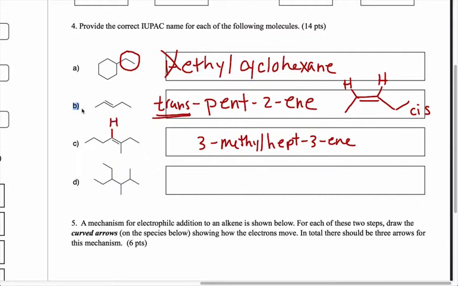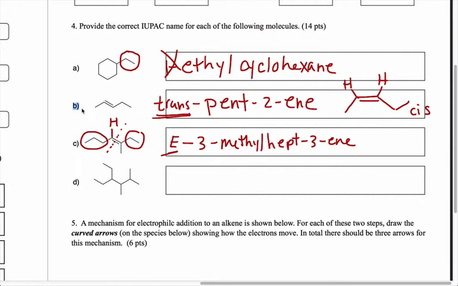We see, if you split the double bond this way and look at the left side versus the right side, what we see is that the 3-carbon group here gets higher priority over the hydrogen. And on the right side, we have a methyl versus an ethyl. So if you look at your priority rules, the ethyl would have the higher priority. And so these are on opposite sides of the double bond. So this would be the E stereoisomer of 3-methyl hept-3-ene.